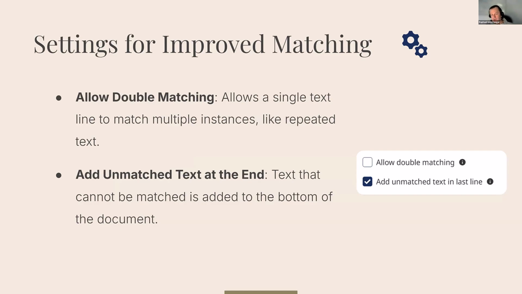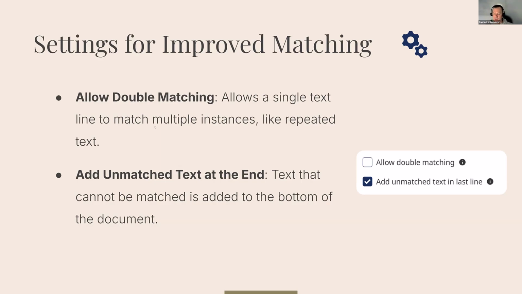This can be beneficial if you want to reuse a text, or if the text, how shall I say, has a lot of repetitions in it. Then this can be quite useful. In most cases, you want this option.